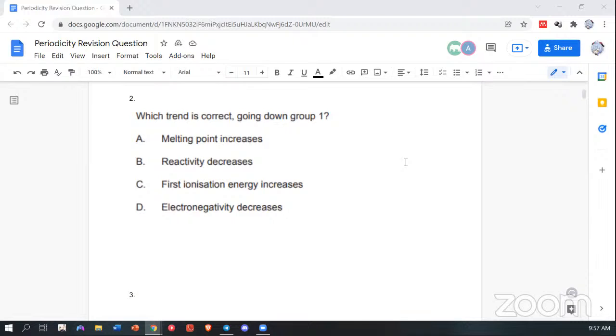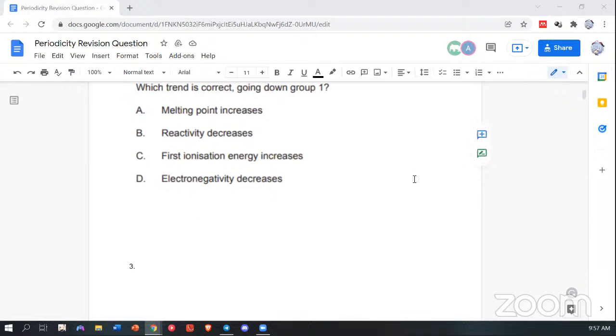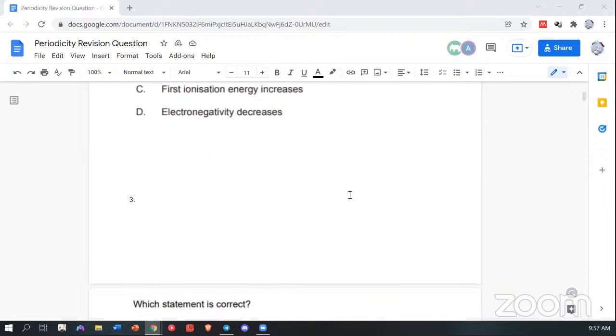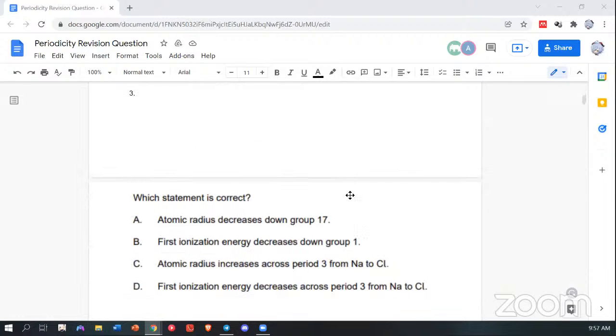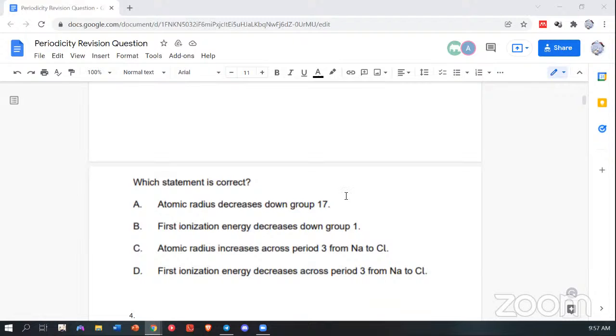So let's see number 3. Which statement is correct? Atomic radius decreases down group 17. Okay, so kita tengok dekat dalam kita punya data booklet. Atomic radius.